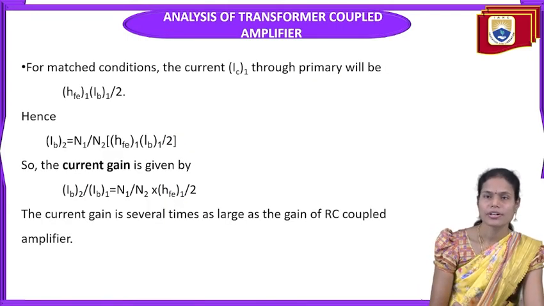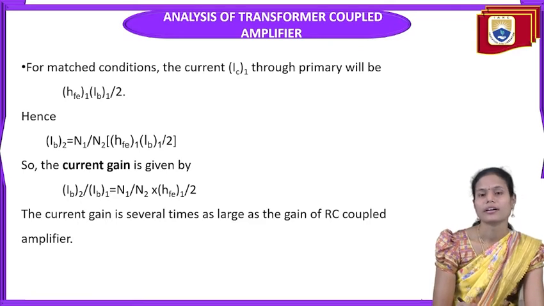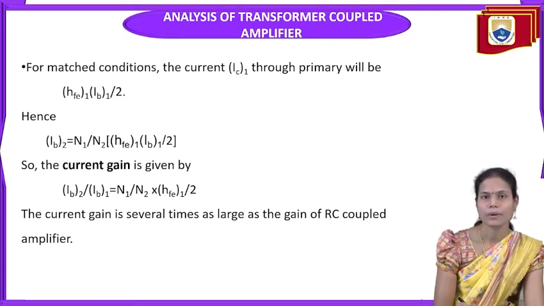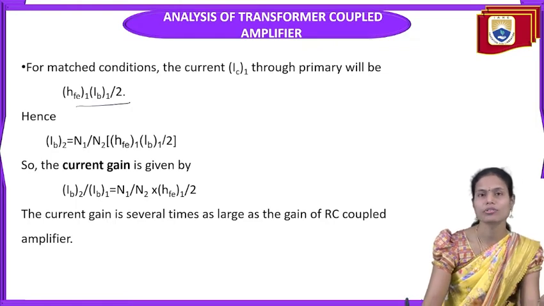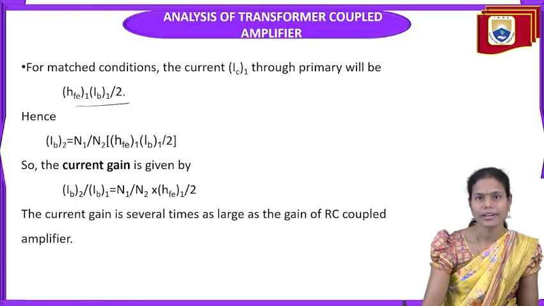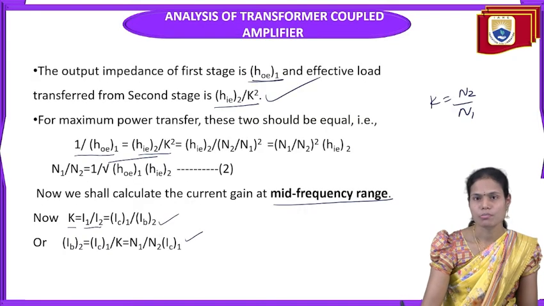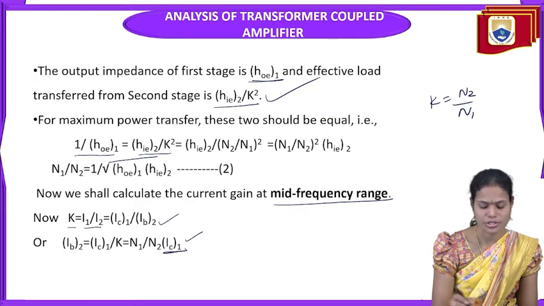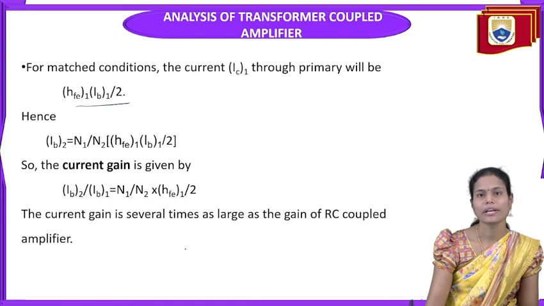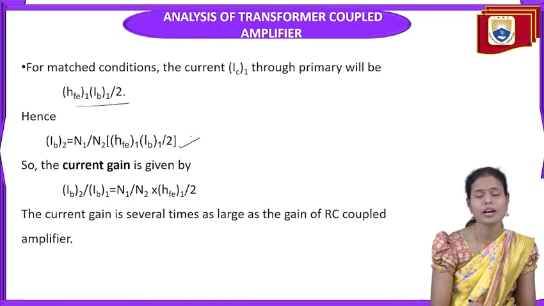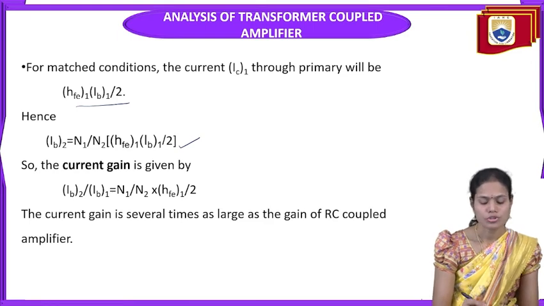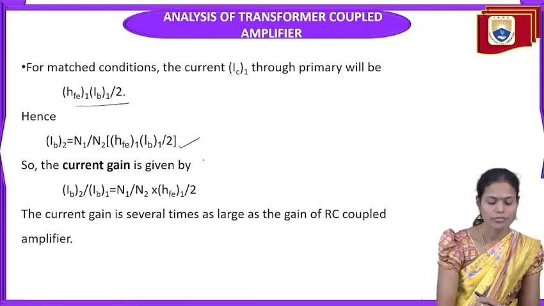For matched conditions, the collector current IC1 through the primary will be hfe IB1 divided by 2. From the equivalent circuit we can write this. If we substitute this IC1 in the expression, we get N1 by N2 into hfe IB1 by 2. So that is the base current IB2. The current gain is IB2 by IB1.